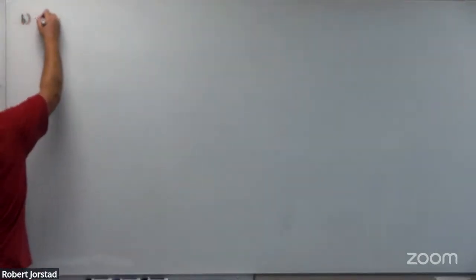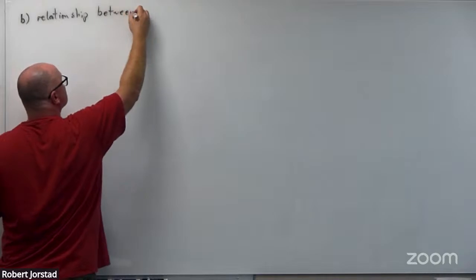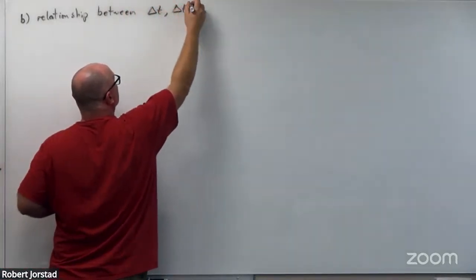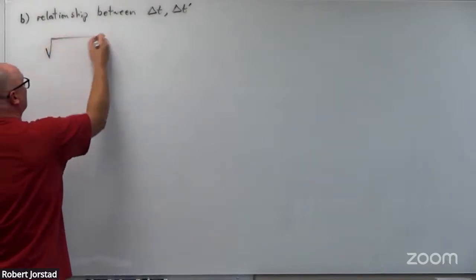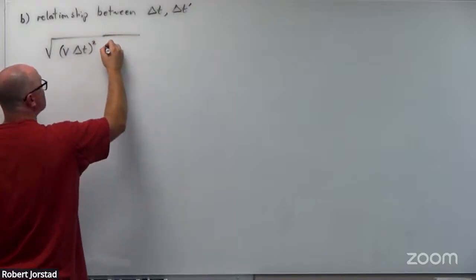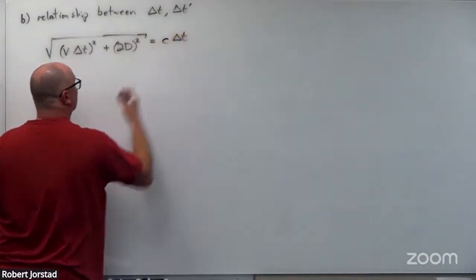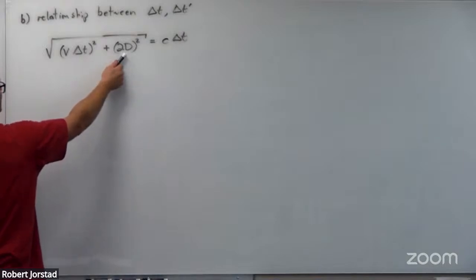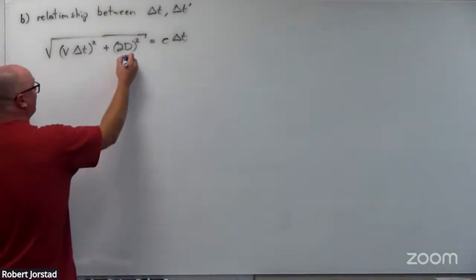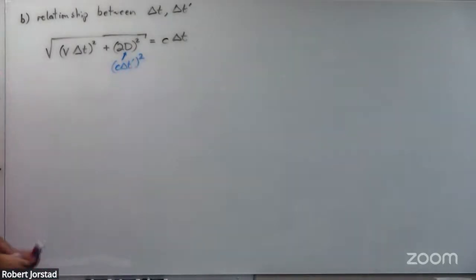So B, and we found, and then the very first step, we replace this using that interesting result from the primed frame, that's C delta T prime squared. Making sure that's on the board. Okay, so now, go ahead and race me.